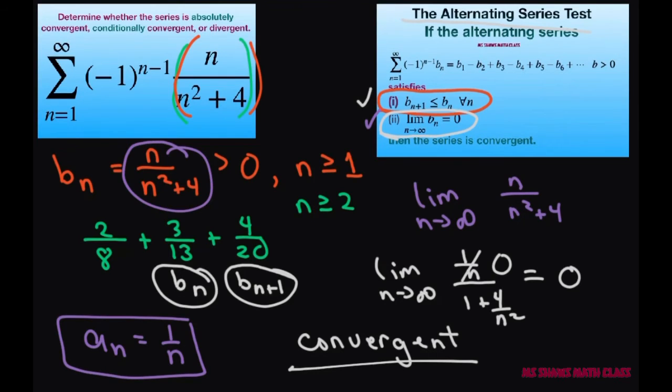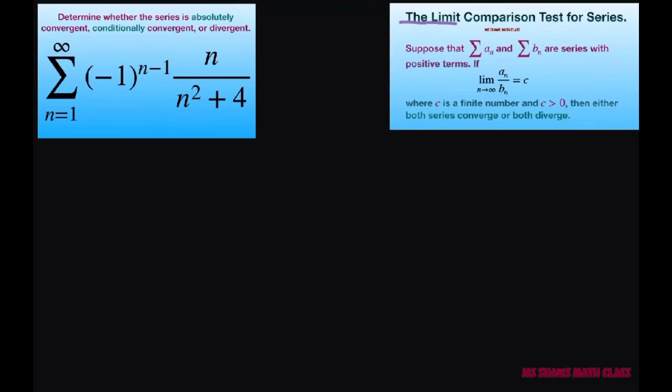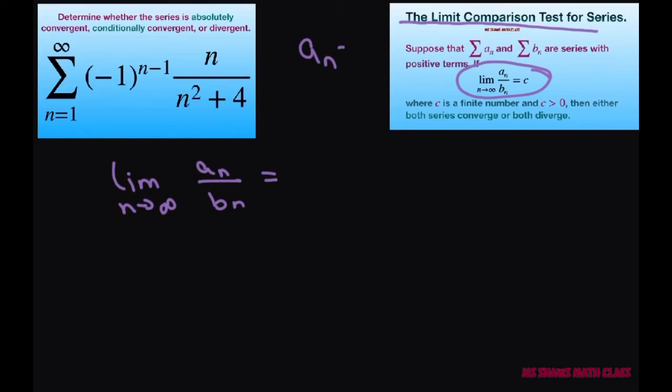To do that, I'm going to use the limit comparison test and take the limit this way: the limit as n approaches infinity of a sub n divided by b sub n, where a sub n equals 1 divided by n, so 1 divided by n, divided by n divided by n squared plus 4.